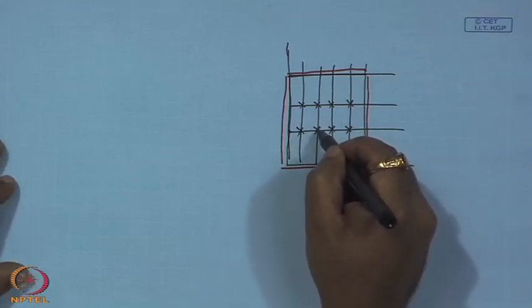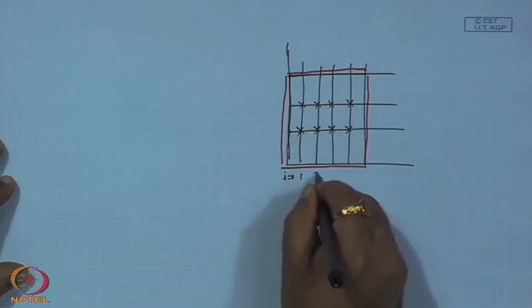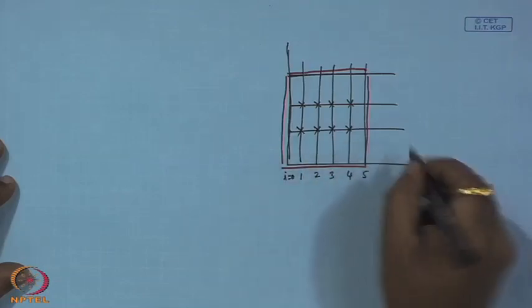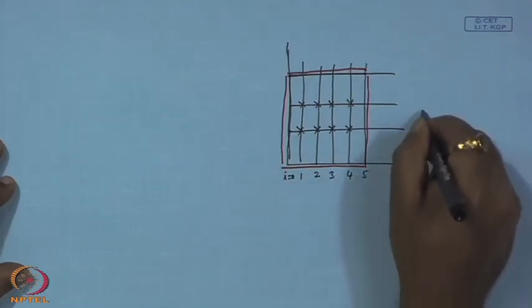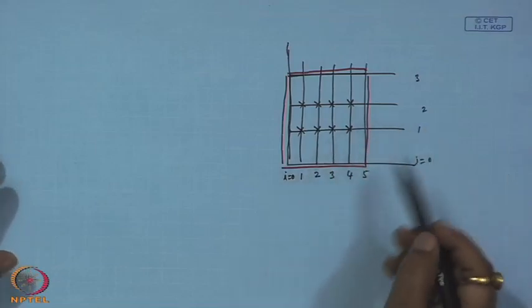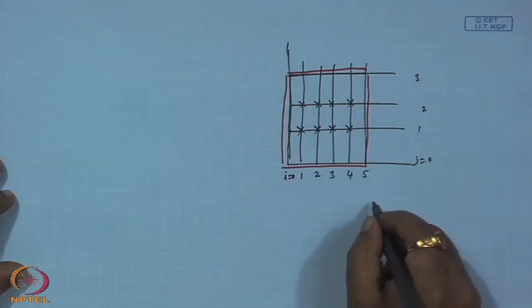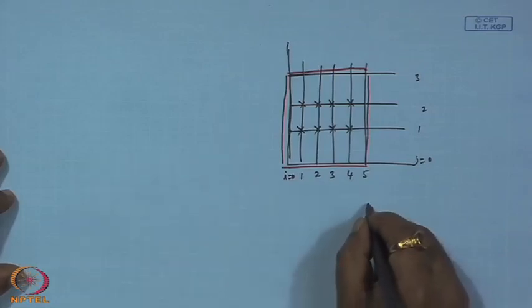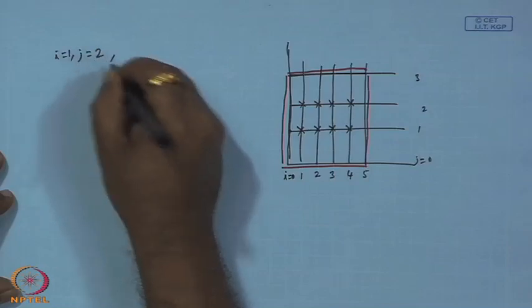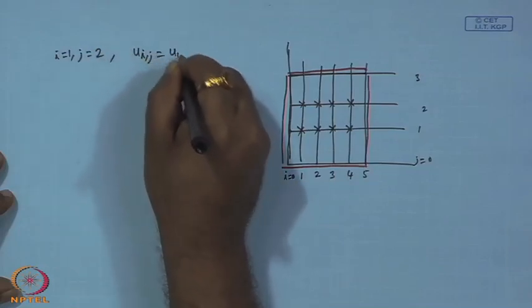Of course, we have the original indices 1, 2, 3, 4, 5, and similarly for j. As usual, we can have our own notation which we have been following, that is, for i equals 1 and j equals 2, u(i, j) is u 1 2.